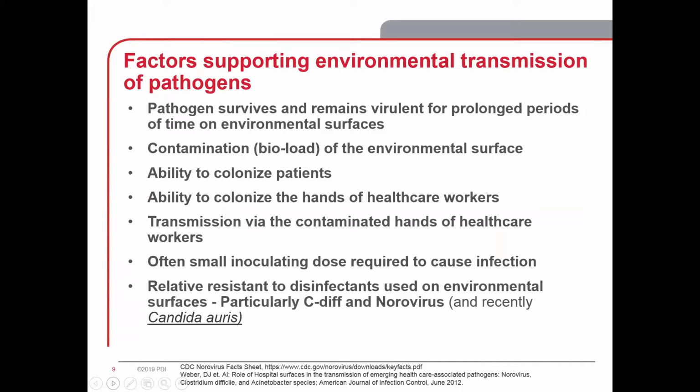So there are some organisms that die fairly quickly, but there are many, many pathogens that can survive for long periods of time. We also see that there's constant contamination of the environmental surface. And again, when we think back of ambulatory care and a lot of individuals coming in and out of a facility, those are all opportunities for potential contaminations, particularly through patients' hands from inadequate hand hygiene.